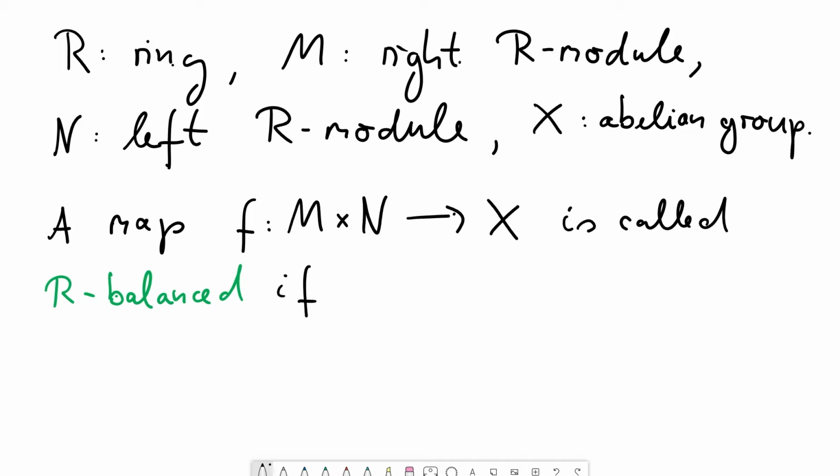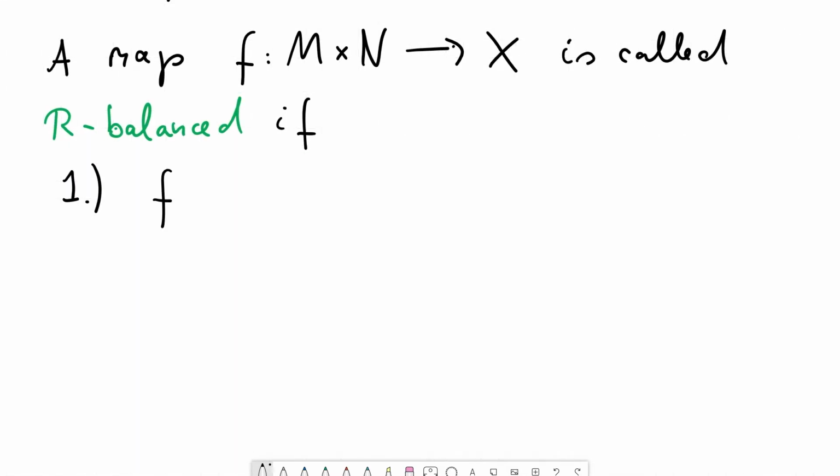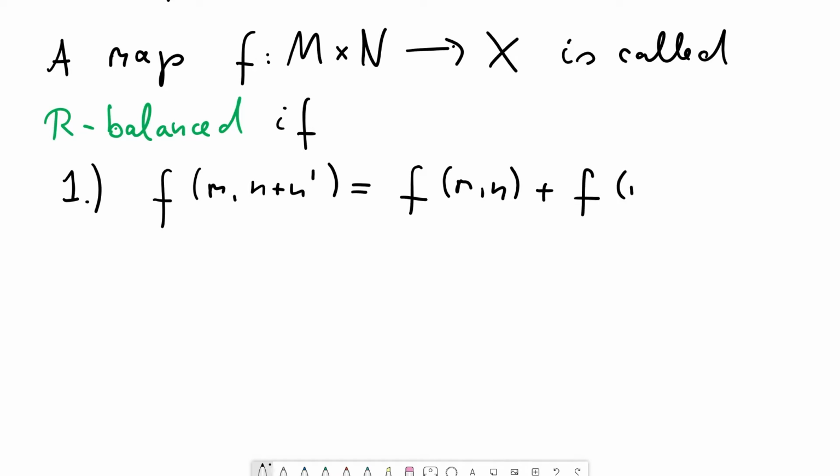Namely, firstly, we want it to be bilinear. I mean, that's already two properties, so we want it to be linear in the first and in the second variable. So this G means what it always means. F of m, n plus n prime is equal to F of m comma n plus F of m comma n prime.